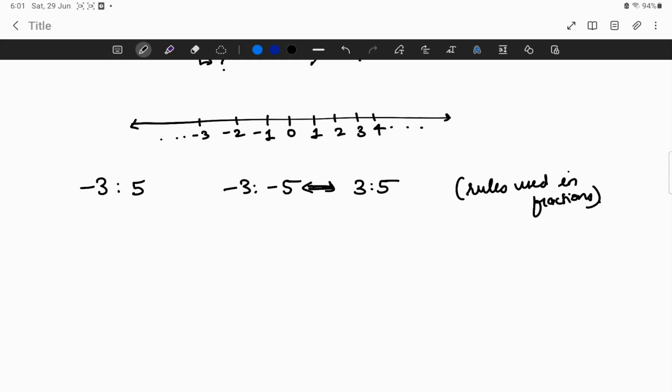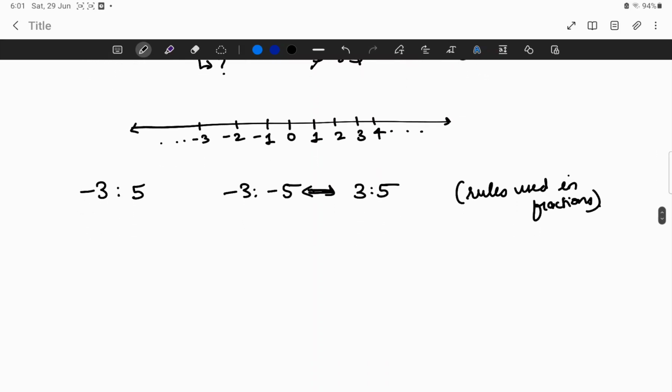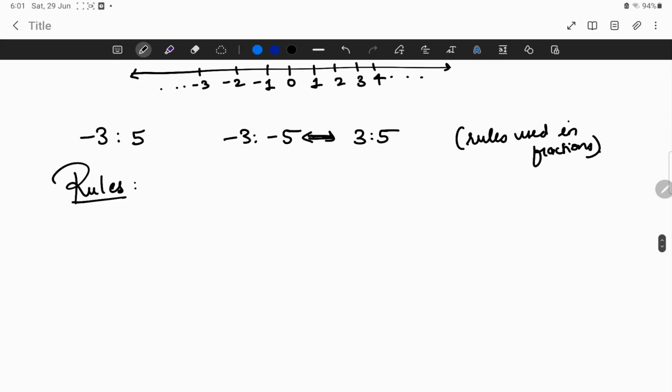Let's first see certain rules that are used when you are using the concept of ratios. The rule is that P and Q should be quantities of the same kind.